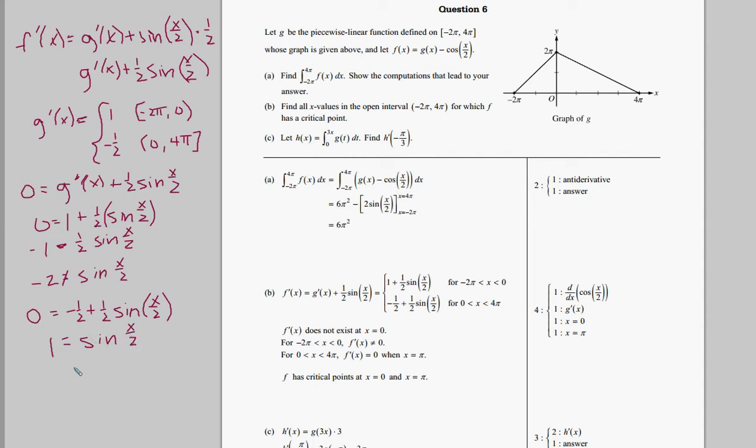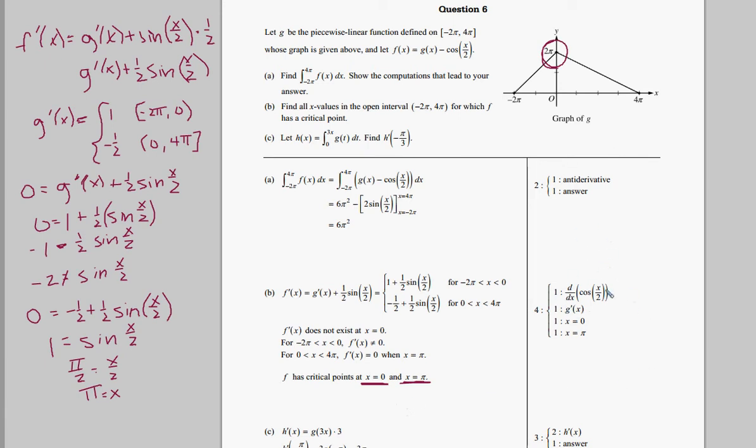And sine is equal to 1 at pi over 2. And so x here, when I multiply my 2 over, would equal just pi. That's not the only thing though, because critical points are also where the derivative is undefined, and you notice that we have a corner right here at that spot, so the derivative is undefined at 0, and it's equal to 0 at pi. Told ya, it was yucky.